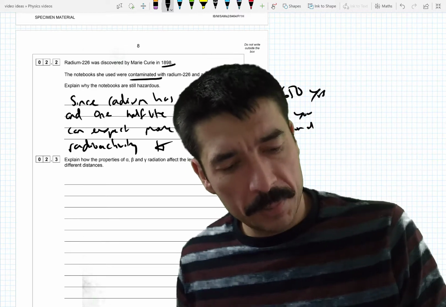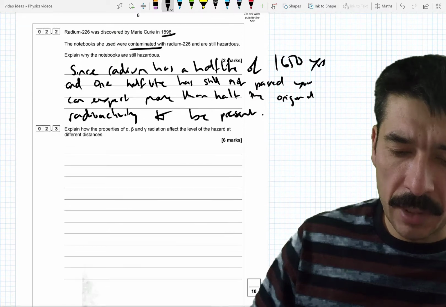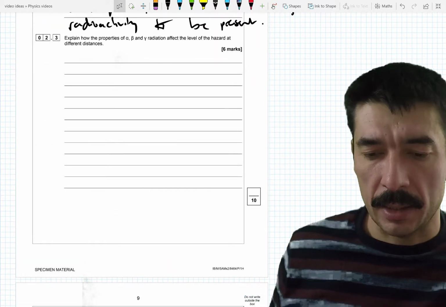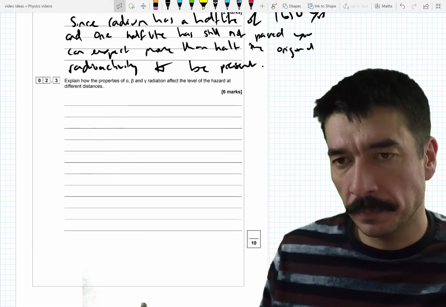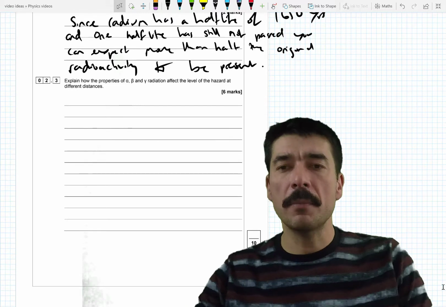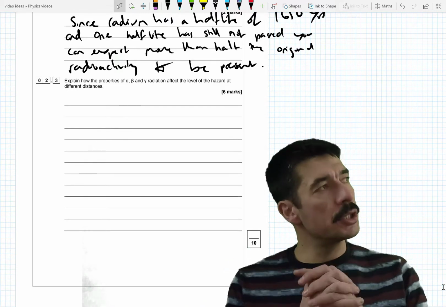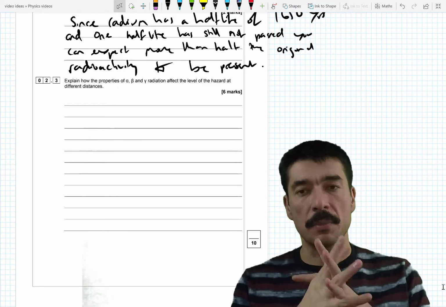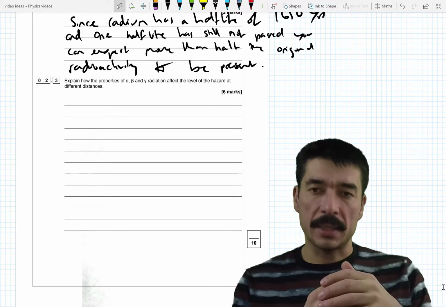Explain how the properties of alpha, beta and gamma radiation affect the level of hazard at different distances. Right, well, the level of hazard from radiation is due to the ionizing effect radiation has on the cells in your body, particularly the DNA inside the cells.